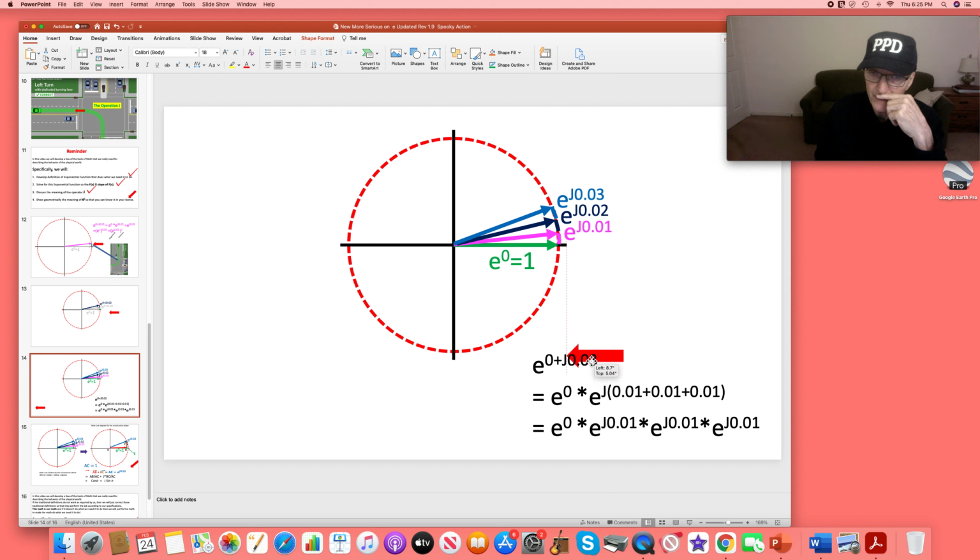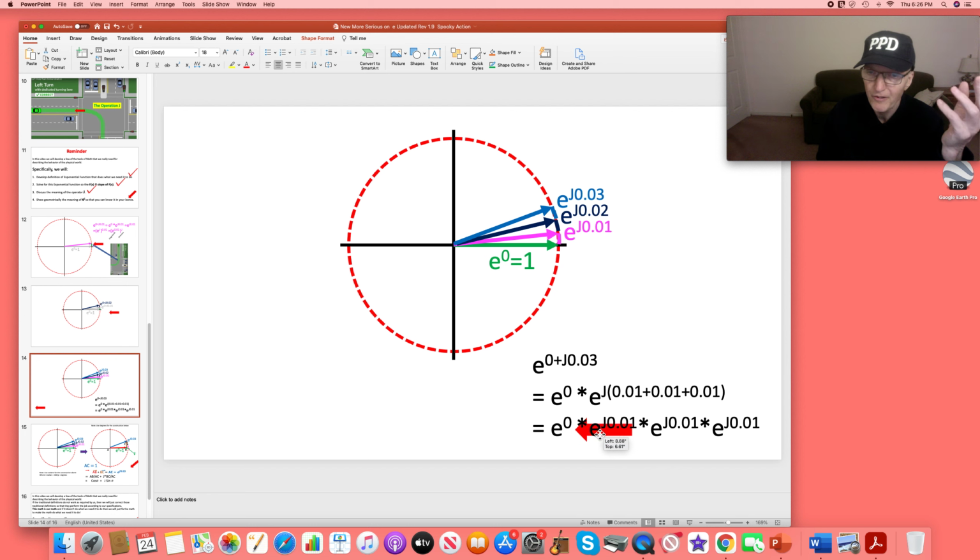E to the 0 times e to the j 0.01 plus 0.01 plus 0.01. So now what that means is you do it once, and see this plus? When you see the plus in the exponents, it's multiplying the exponentials, right? So there you got the multiplications.